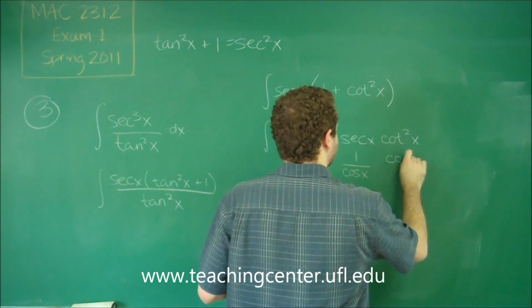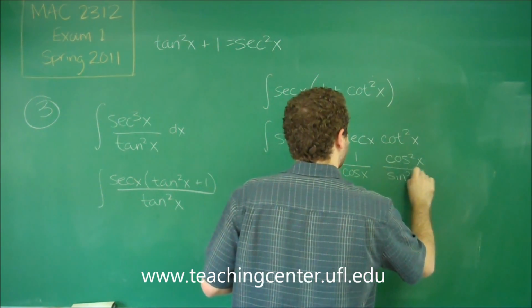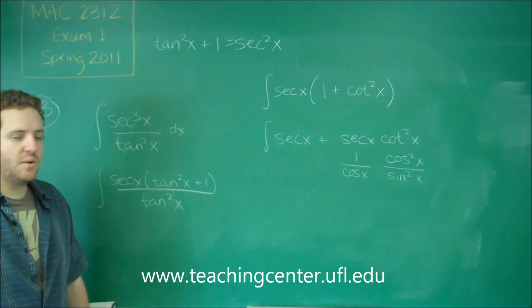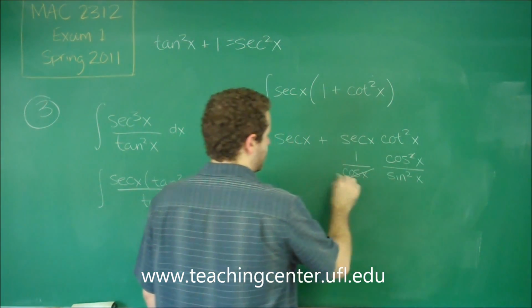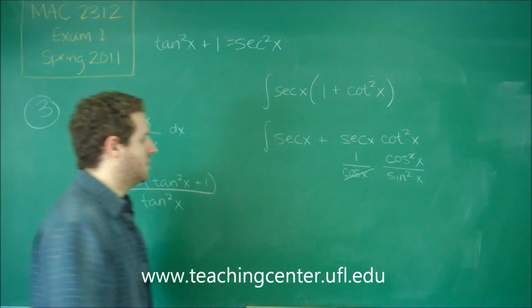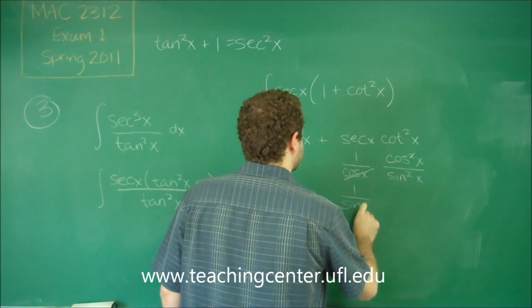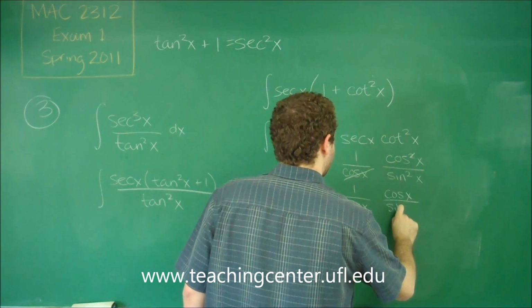Secant x is 1 over cosine x. Cotangent squared x is cosine squared over sine squared. So you can see here that we get one of these cosines to cancel out. We're left with cosine over sine squared, which could be written as 1 over sine x times cosine x over sine x.